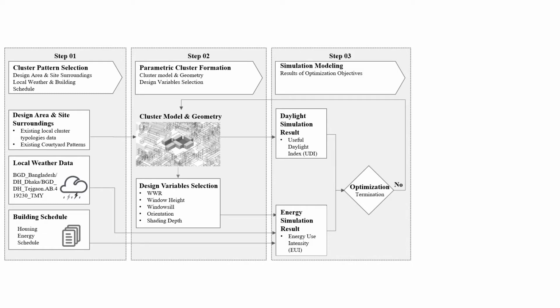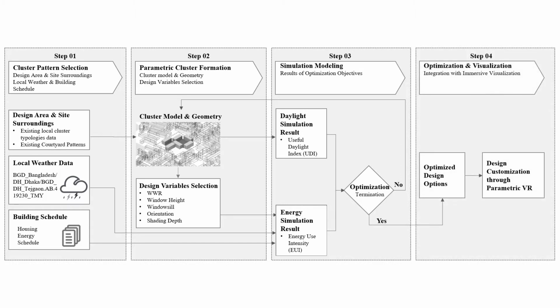First, in step 3, we tackled the energy optimization through multi-objective optimization algorithms. For the second segment, we introduced a feedback-based micro-level space optimization procedure through gathering users' feedback. This participatory design involvement can be conducted via parametric immersive visualization.